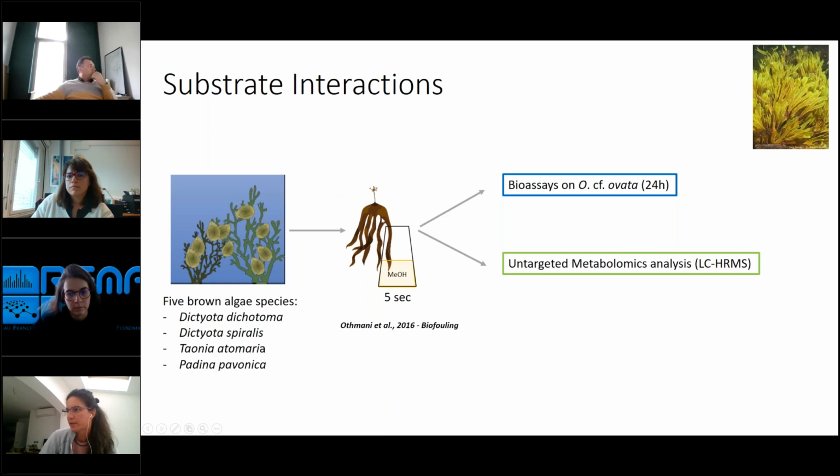Then we came back to the field and sampled algal thalli for the different species, and we dipped them very quickly in methanol. The extract in methanol was used for 2 different things. First, to assess the effect of the surface extracts on the growth and the physiology of the microalgae Ostreopsis, and then to perform untargeted metabolomics.